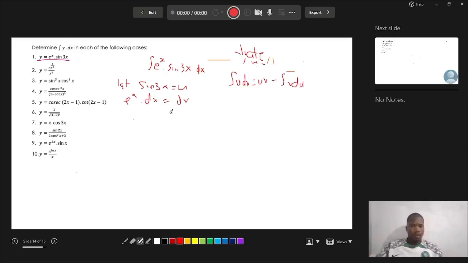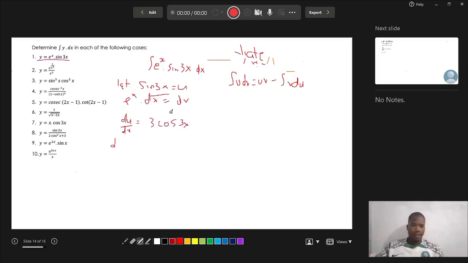So now, firstly, we determine du, right? So we say du over dx is equal to, so we know that the value of u is sine 3x. If we differentiate it, we get 3 cos 3x, right?